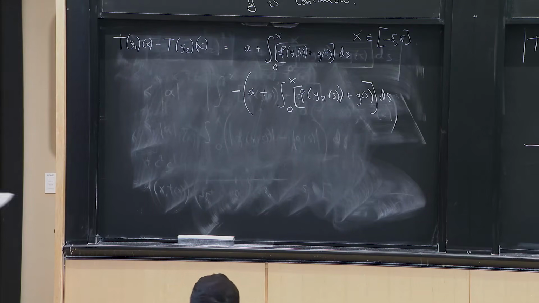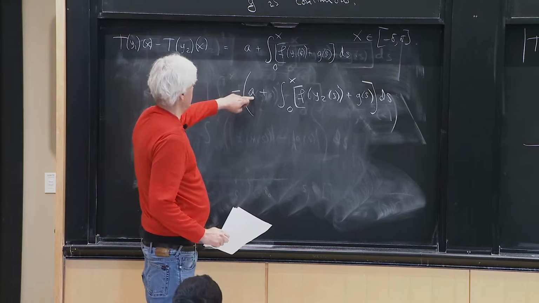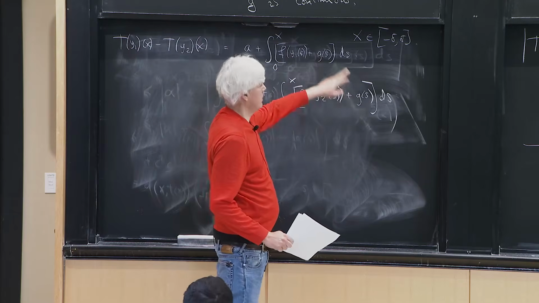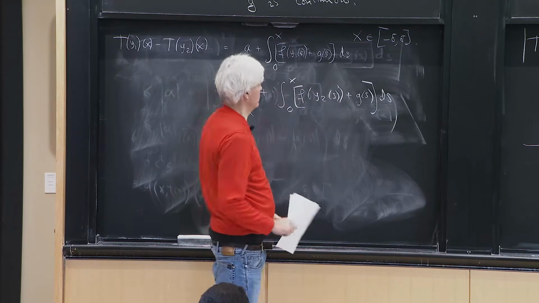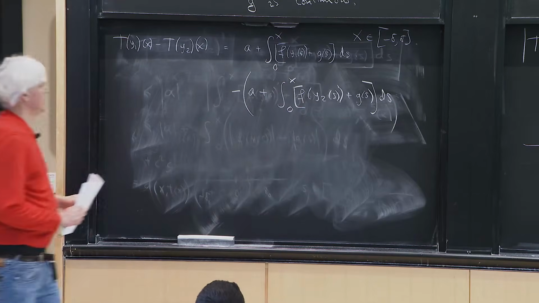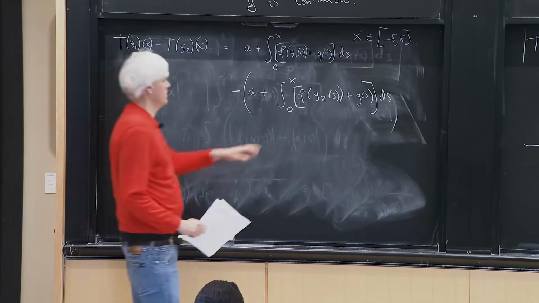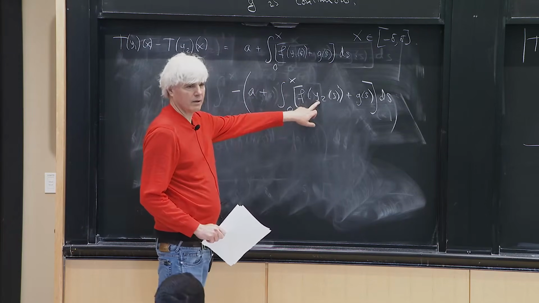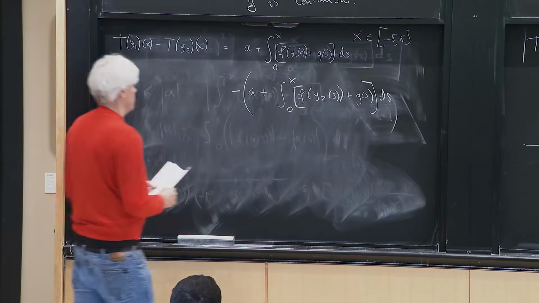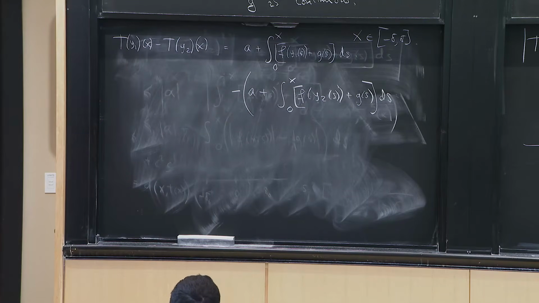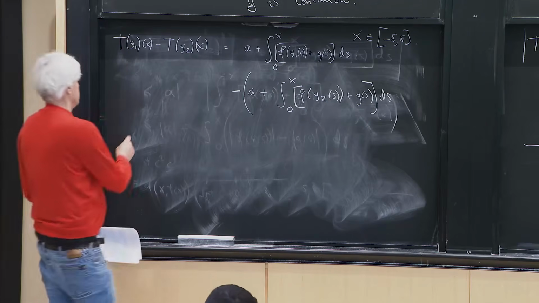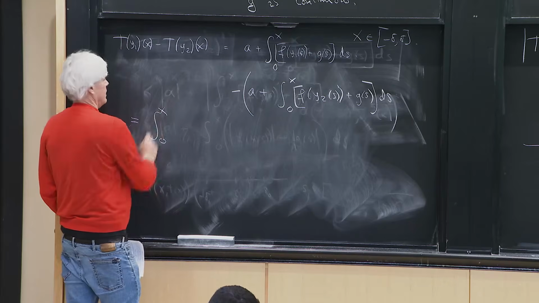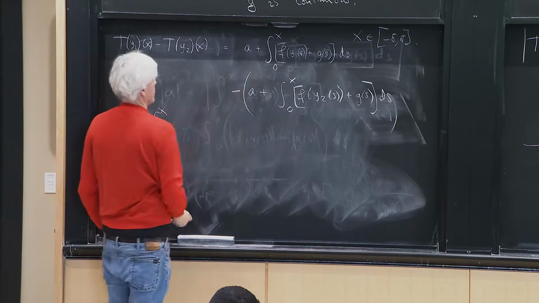The first thing you observe is that the a's cancel, but not only does this cancel, this term here also cancels. There was a good reason that they were lower order. The main point is that the unknown function is inside, and it's what's called a nonlinear equation. So that's a difficulty.